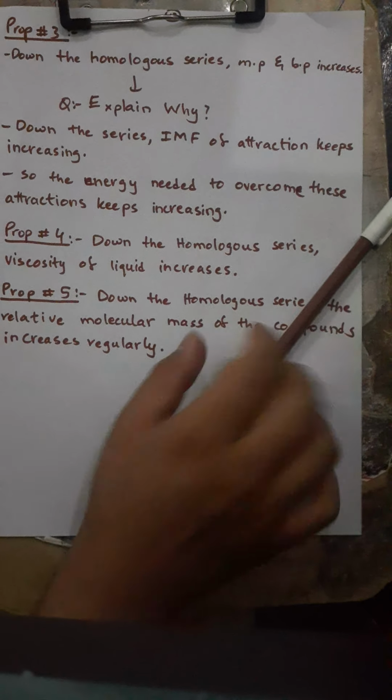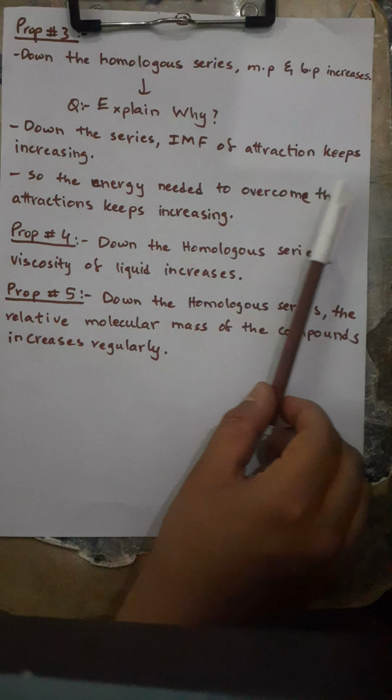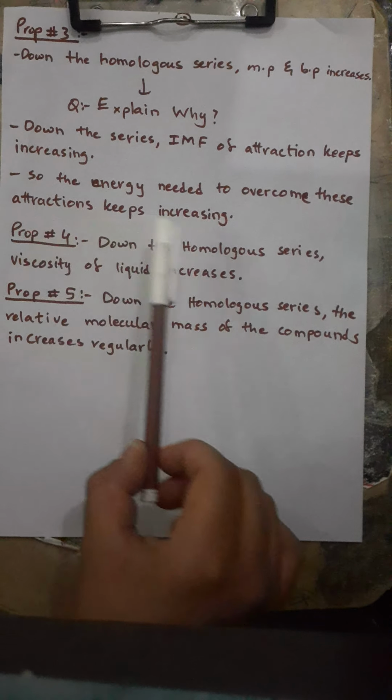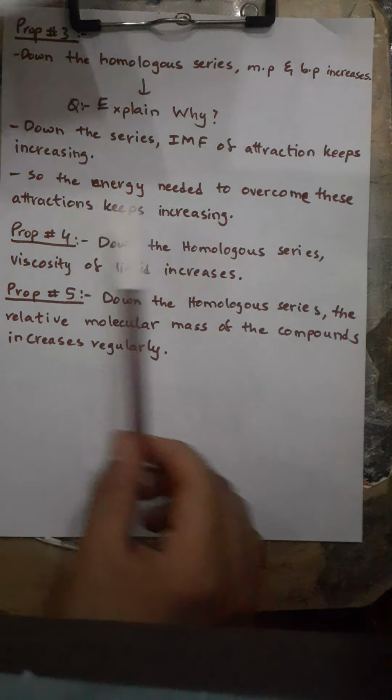Why does it increase? Because down the series, intermolecular forces of attraction keep increasing, so the energy needed to overcome these attractions keeps increasing. Why do these intermolecular forces of attraction keep increasing? Because the state changes from gases to liquids and then to solids.